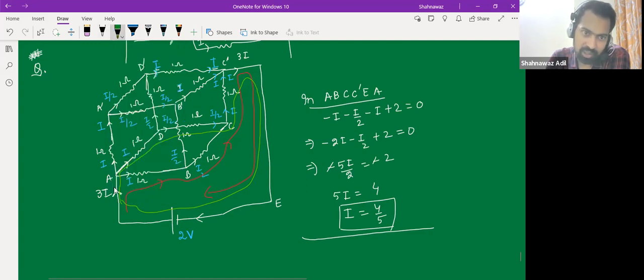So let's say this is P, this is Q, this is R, this is S, this is T, this is U, this is V, whatever we want to name it. So the loop would be P, Q, R, U, E, V, and then back. That is totally up to you. So is your doubt clear?